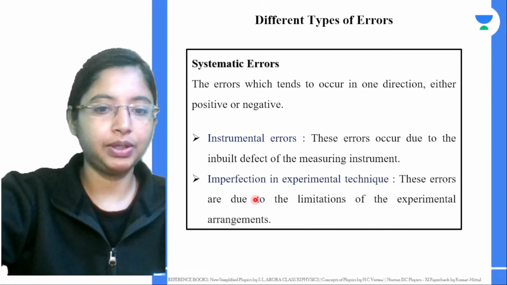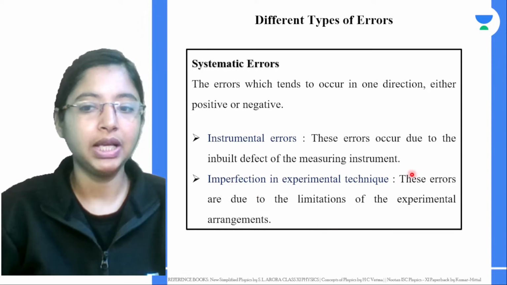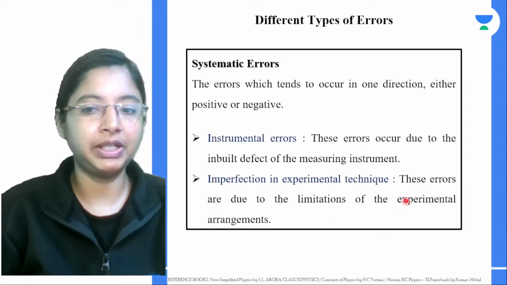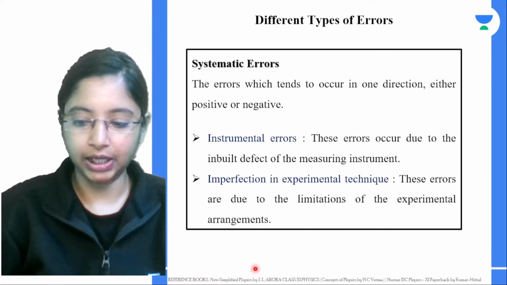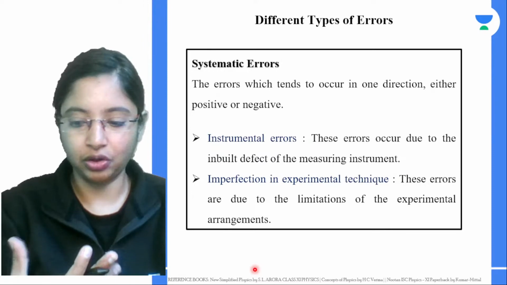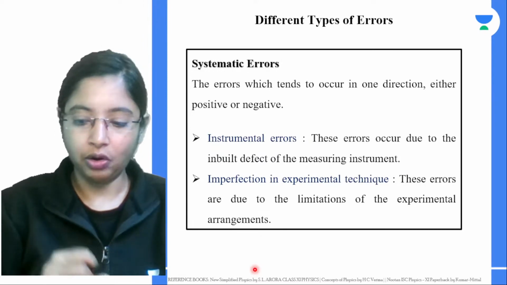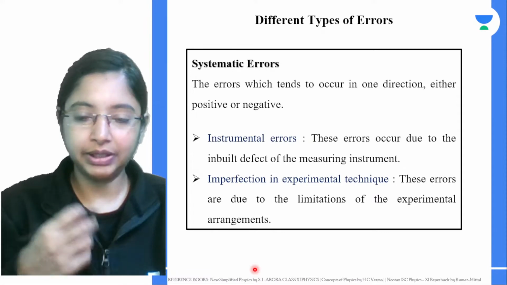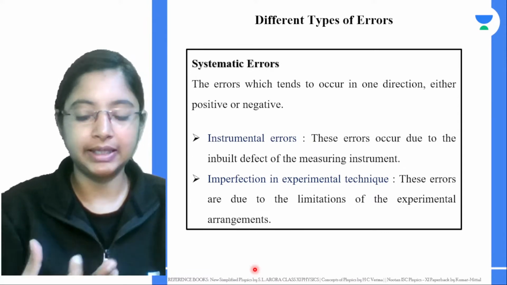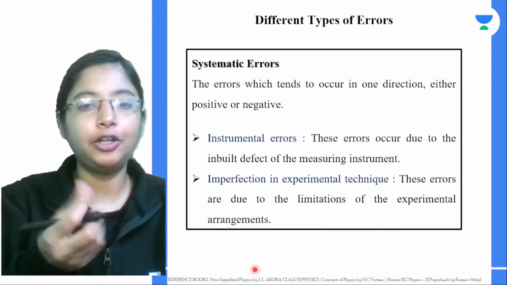Next one is imperfection in experimental technique. These errors are due to the limitation of the experimental arrangement. Let's say you're trying to measure the radiation loss in a calorimeter experiment, there could be an error there. Or let's say you're trying to weigh an object, the weight of an object in air.